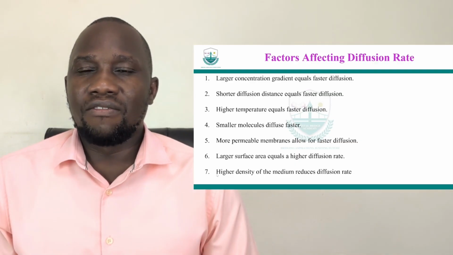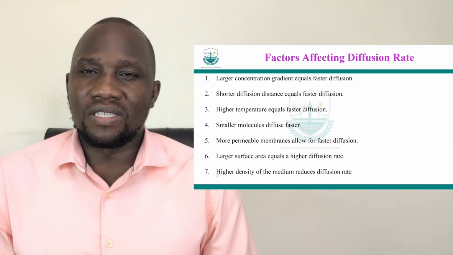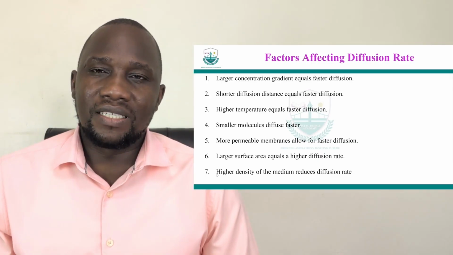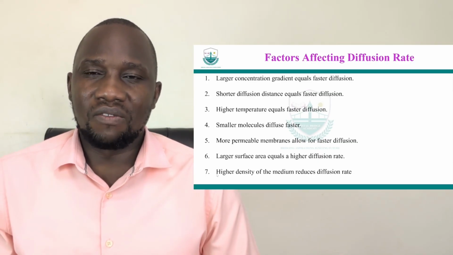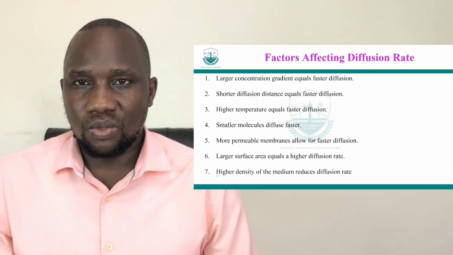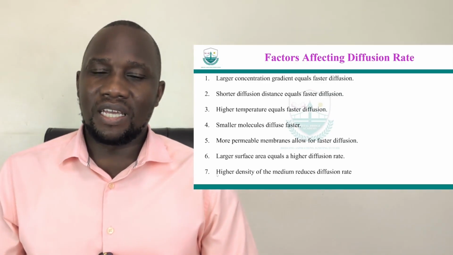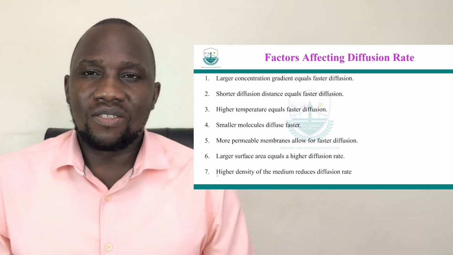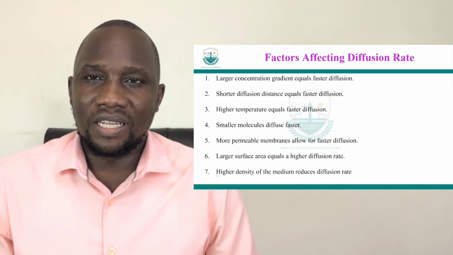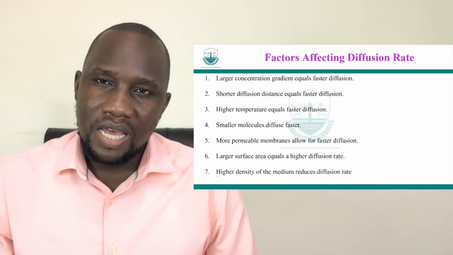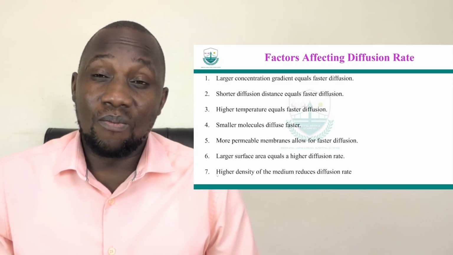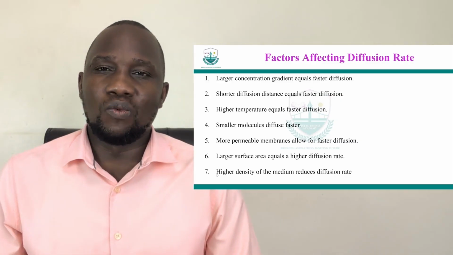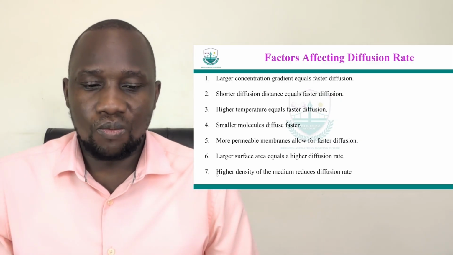And then if the distance to be moved is very short, and then increasing temperature increases the kinetic energy of the particles or molecules. If you have smaller particles, they will diffuse faster than the heavier particles. And then presence of a permeable membrane means that it will allow more of these particles to move.